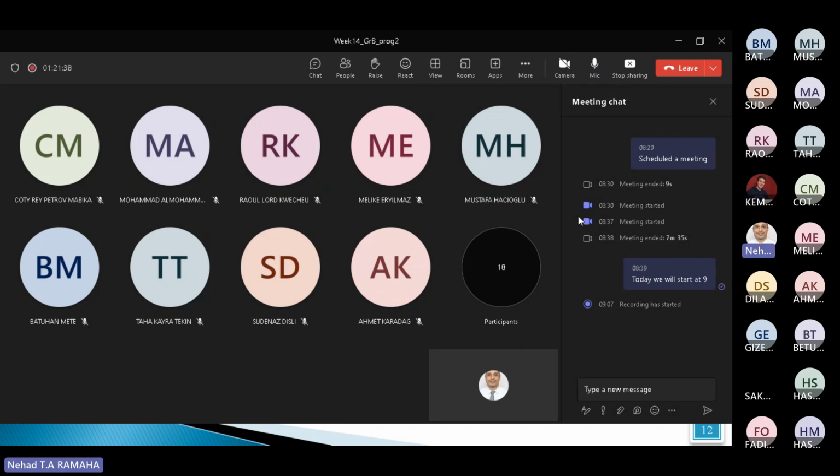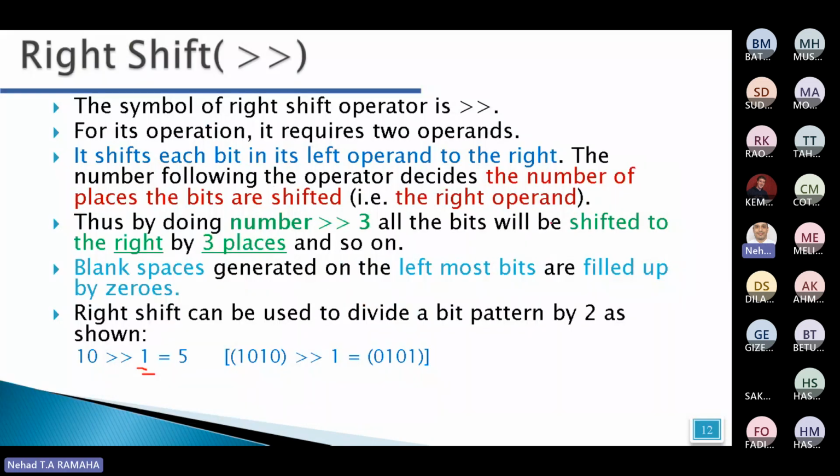Okay, I'm back. So the shift, as I said, is used to shift the numbers, but if you shift by one digit, it means you are dividing by 2. In this example, 10, of course we speak about 10 in decimal, if we shift it by 1.